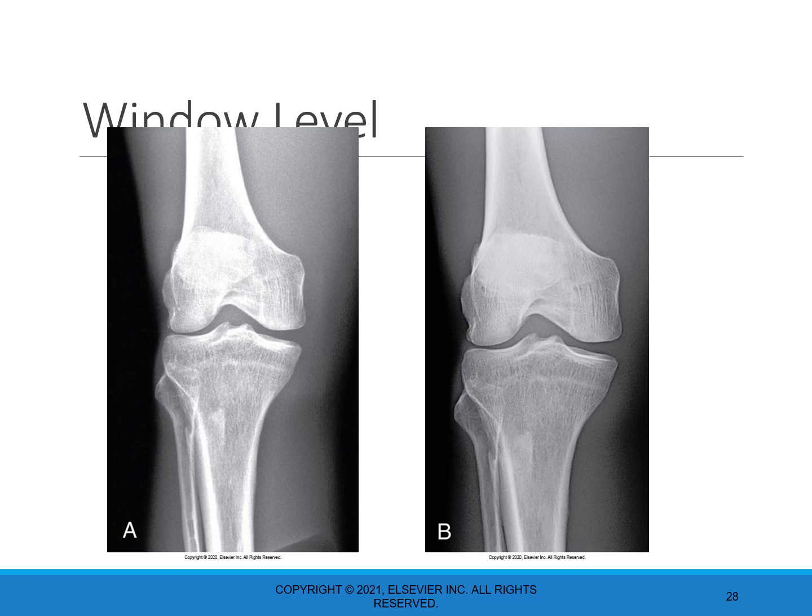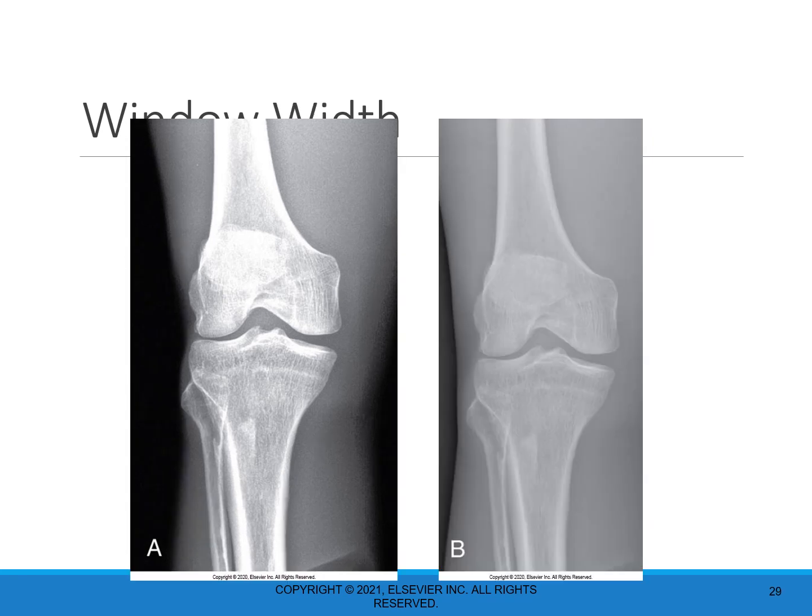So if we widen the window, we lengthen the grayscale, we improve our contrast resolution. Here you can see they've actually widened it possibly too far to where we start looking like we have some noise on there. So this is something that should be used to the degree required and not beyond.